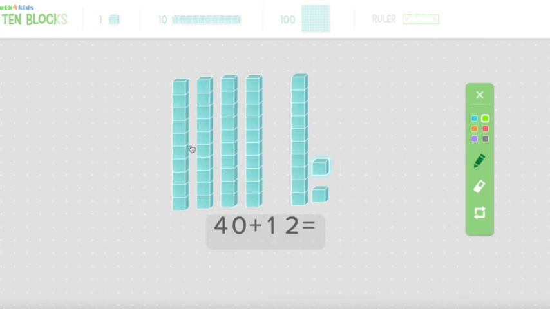So let's count them together. 10, 20, 30, 40, 50, 51, 52. So the answer of 40 plus 12 is 52. And again, I made sure to show my work by drawing the tens and ones.